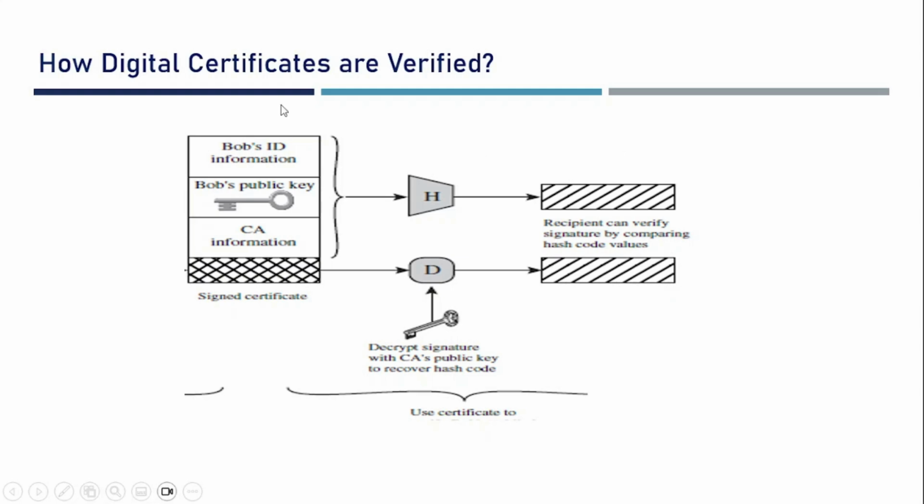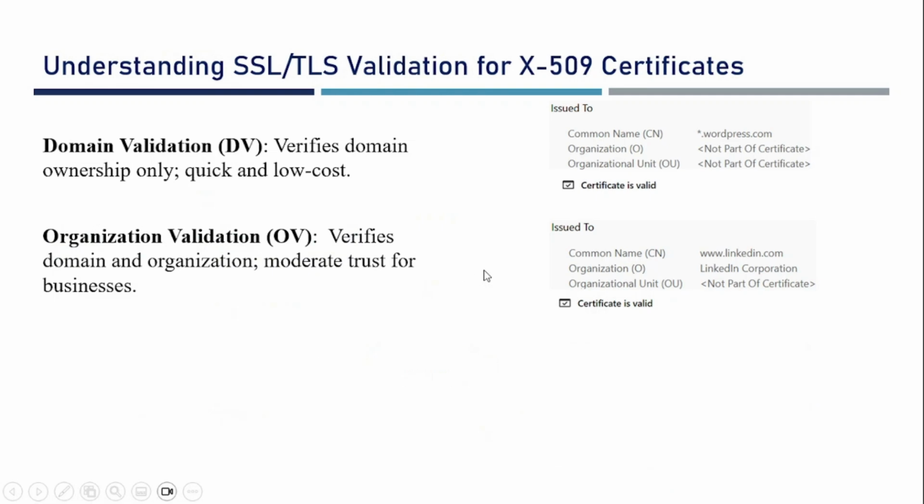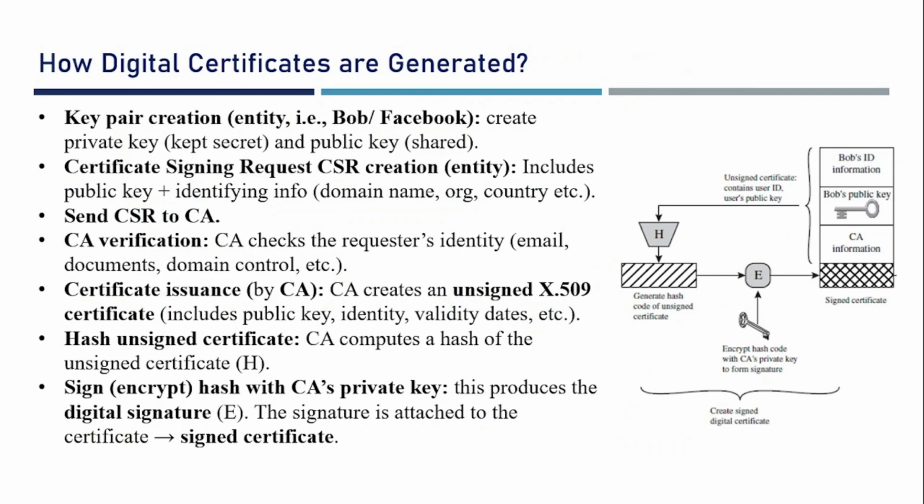I hope you got this. So the browser gets these three blocks and this fourth block. This fourth block has to match with these three blocks. Once this fourth block is unsigned by using the certificate authority's public key, which is publicly available, and this signed certificate is decrypted, it gets the hash. You can see we already explained this.